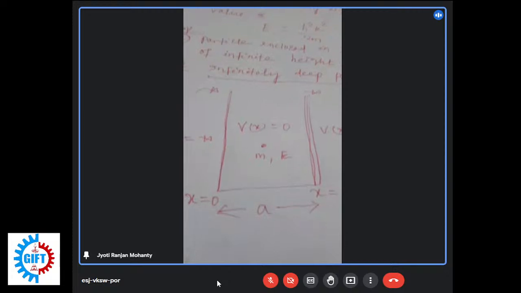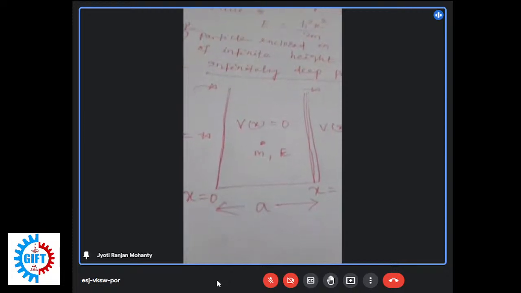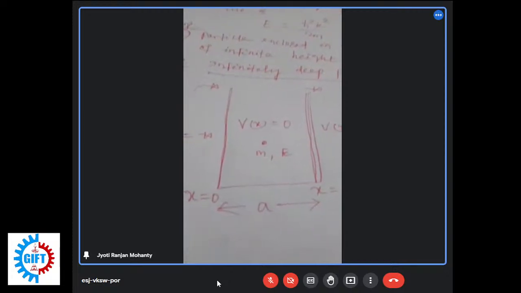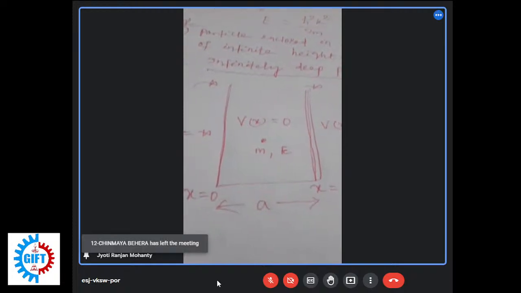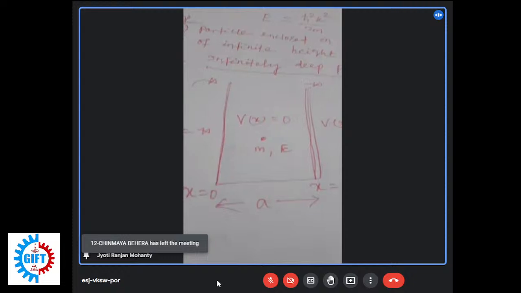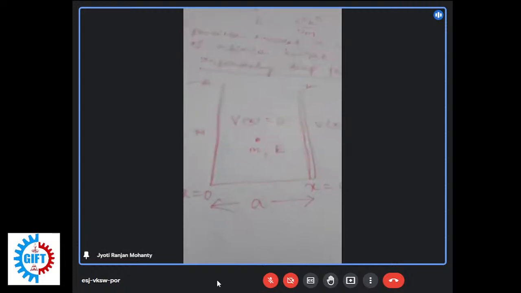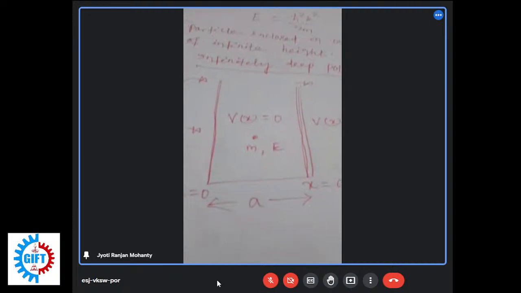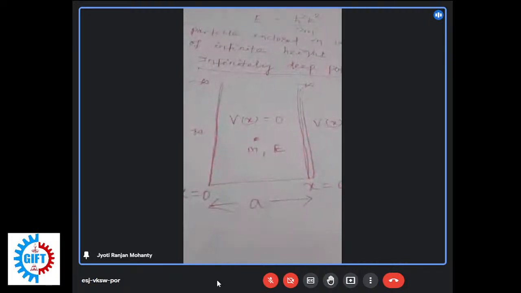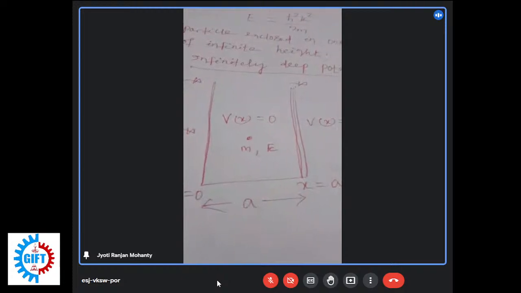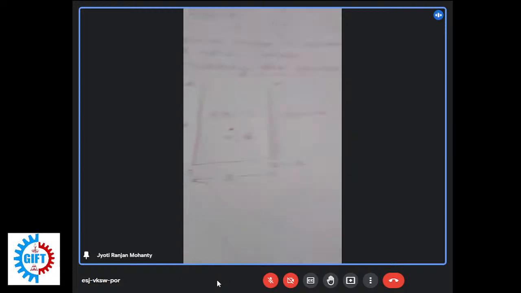Like in our village area, previously people used water from the well. Nowadays there is a water connection pipe, but in very ancient times the village people used water taken from the well. So this is the underground portion which is known as the well. Okay, understood?